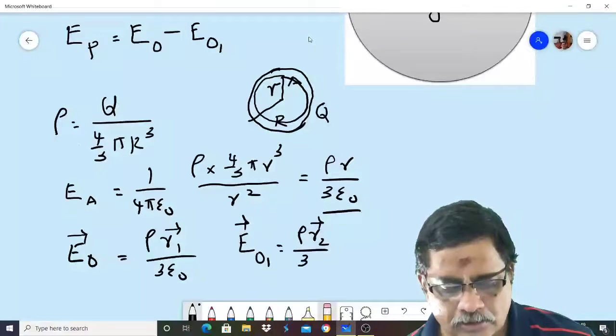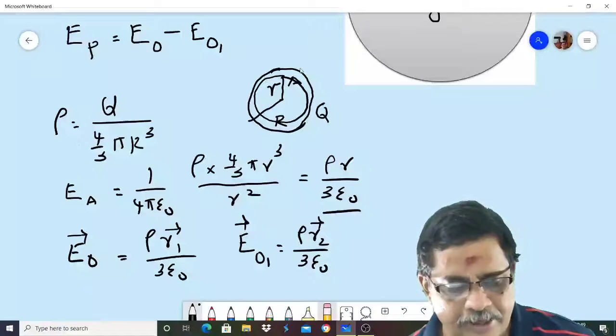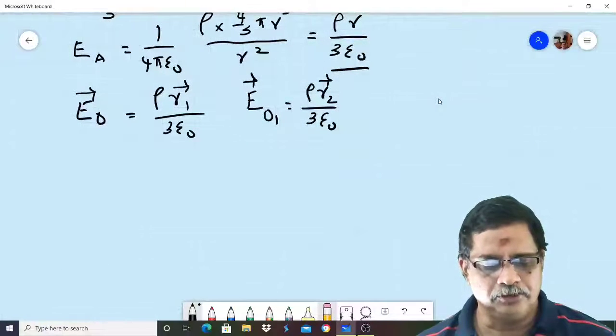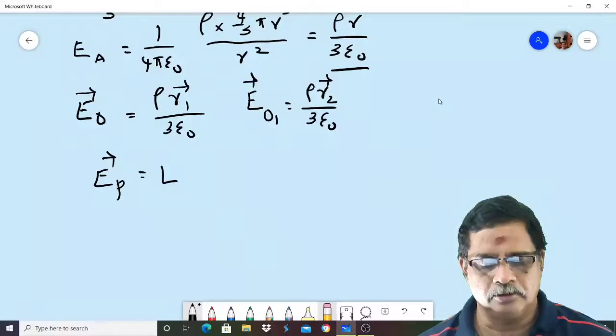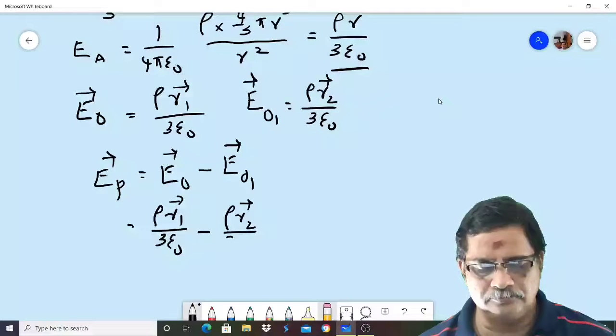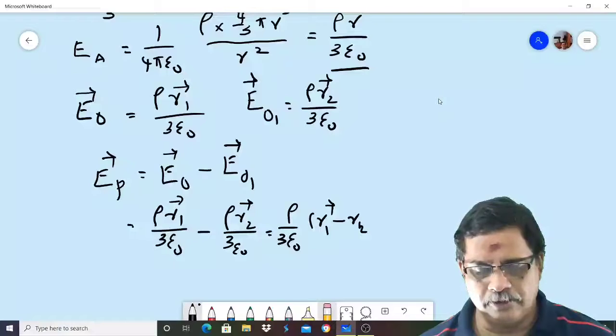Then the remaining electric field at P, when the portion is removed, will be EO minus EO1, which is equal to rho r1 by 3 epsilon 0 minus rho r2 by 3 epsilon 0. This will be equal to rho by 3 epsilon 0 into r1 minus r2.